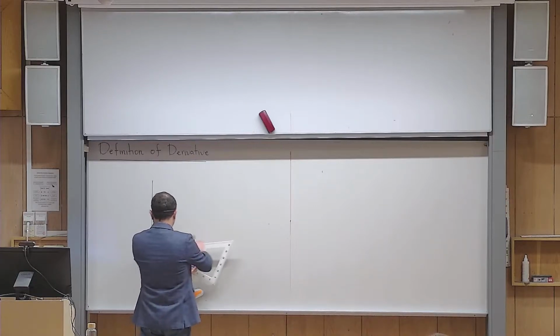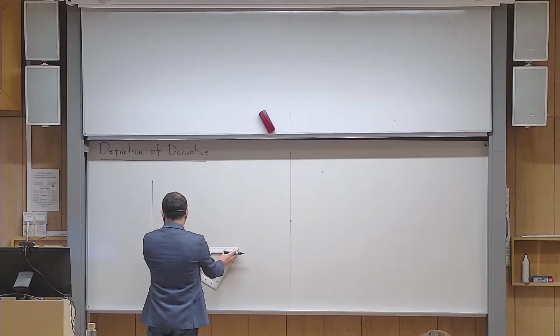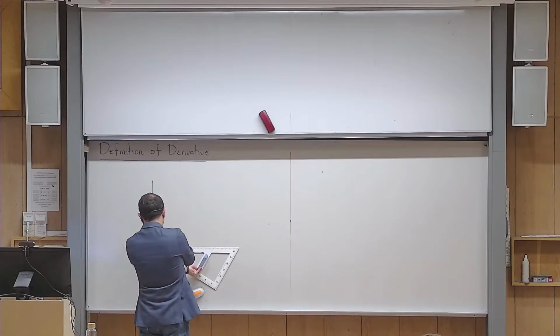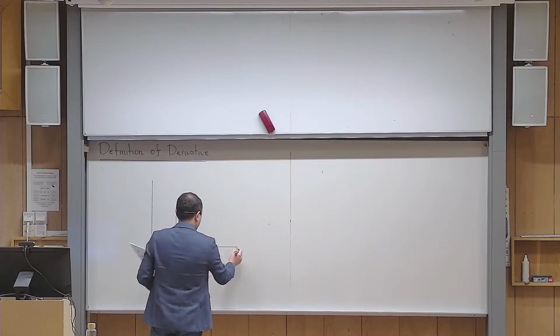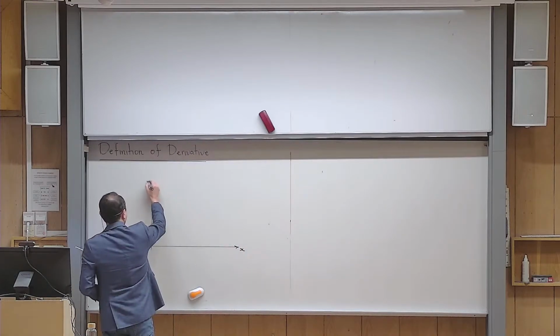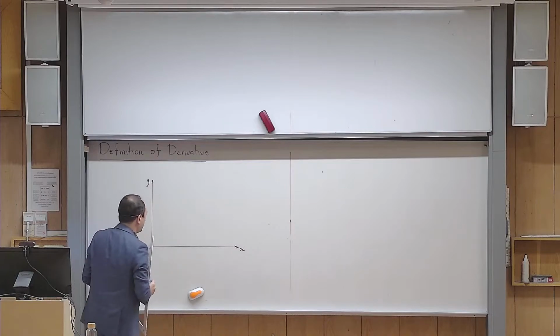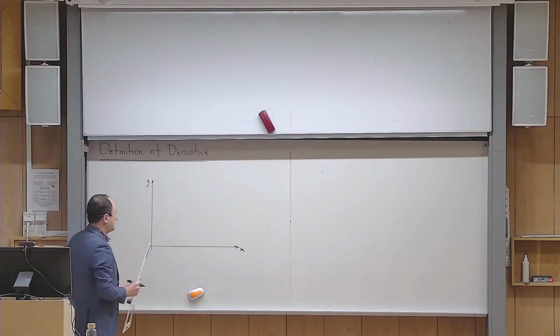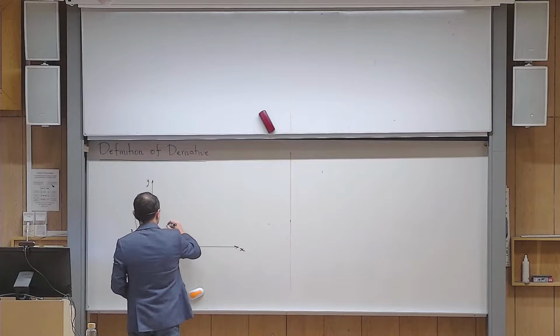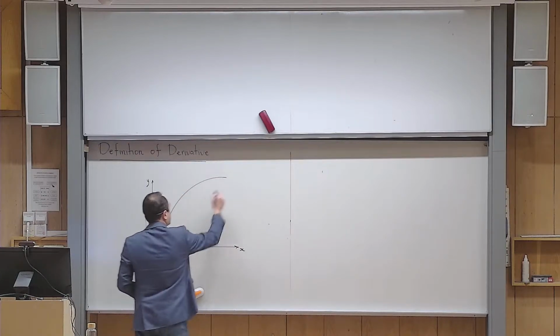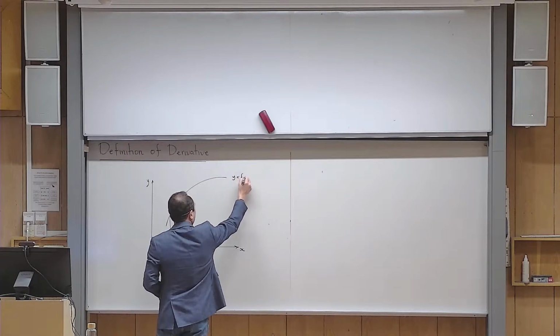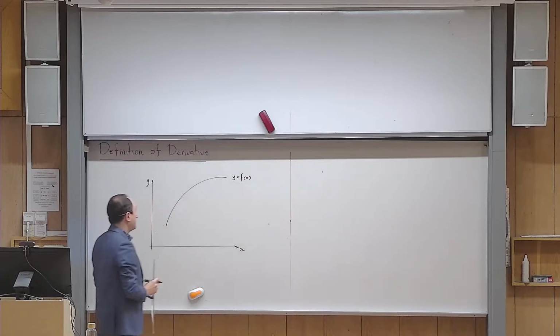Let us assume that this is the x-axis and that is the y-axis. And then you know the graph of the function. For example, assume that this is the graph of your function, y equals f of x.